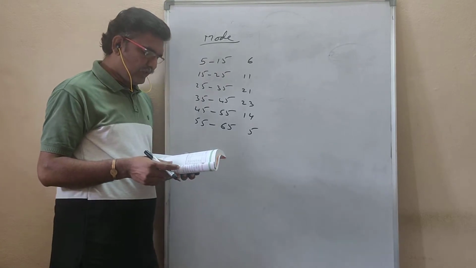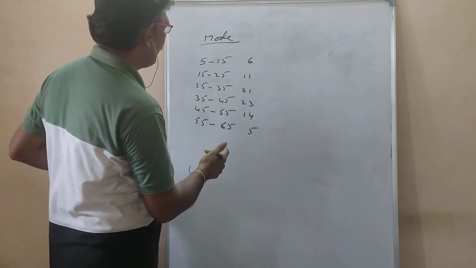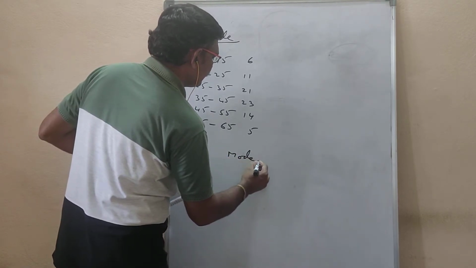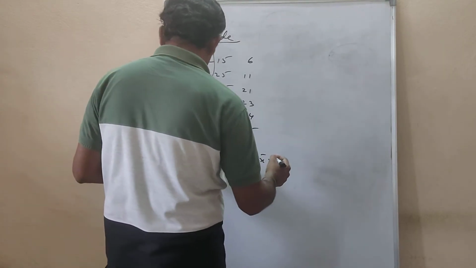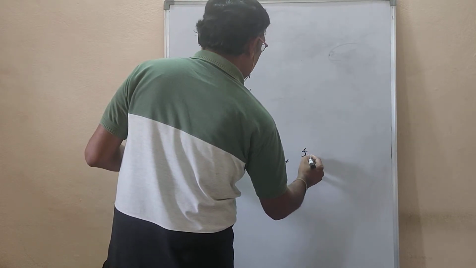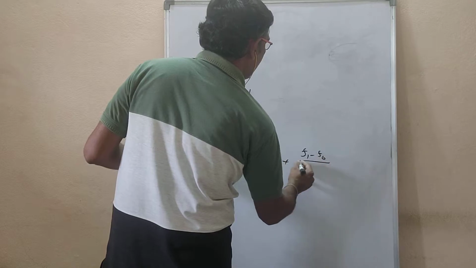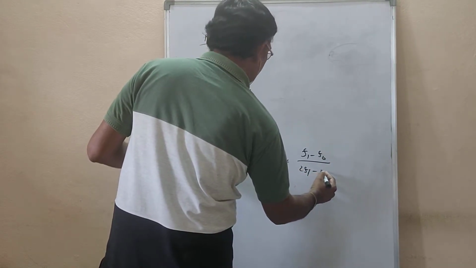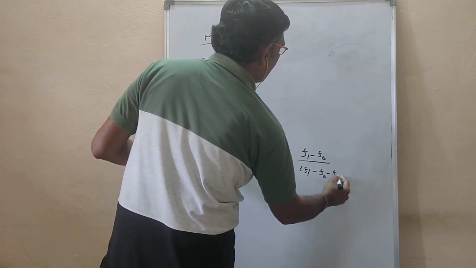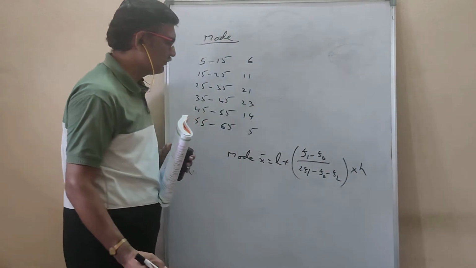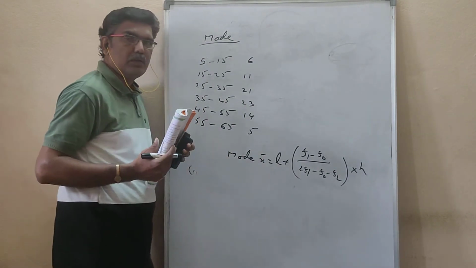First you should know the formula for mode. Mode formula is nothing but L plus (F1 minus F0) by (2F1 minus F0 minus F2) into H. So this is the formula.